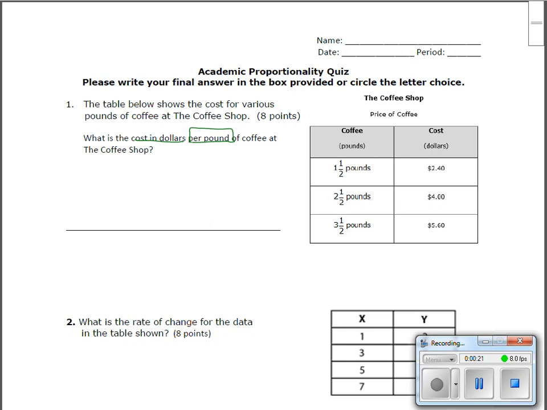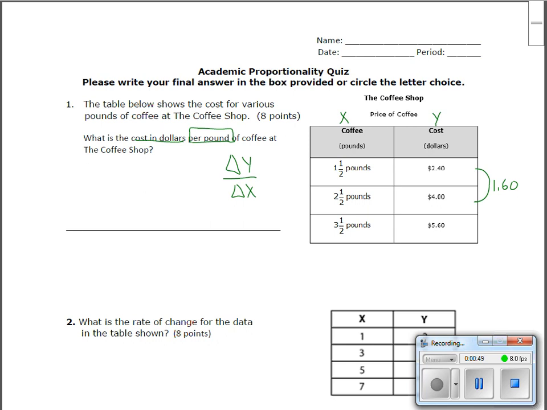Well, how we work this out, we're trying to teach the kids that this is Y, which is the cost, and this is X, the coffee, or pounds. Money is always Y. And so we're looking for the change of Y over the change of X. How does it change? If I go from $2.40 to $4, that's a $1.60 difference.